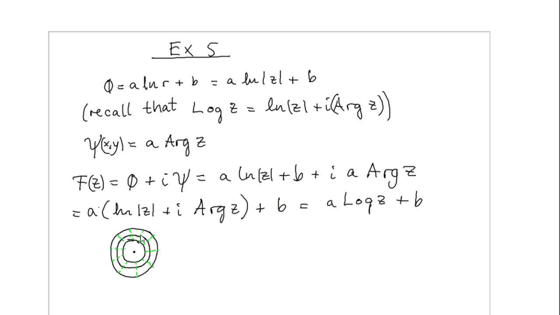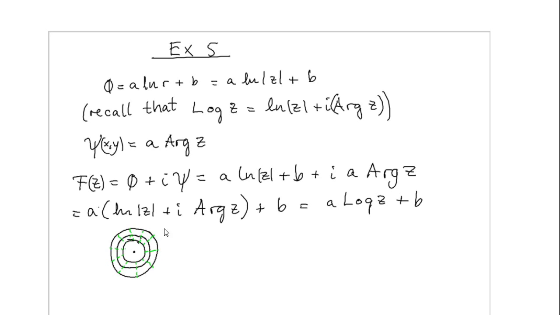So in our case, we already knew that these equipotential lines are circles, because these are the lines where the function phi, or the potential, is constant. And due to the fact that we know the harmonic conjugate of phi, we can now find these green lines, which are the power lines, and they are 90 degrees relative to these circles.